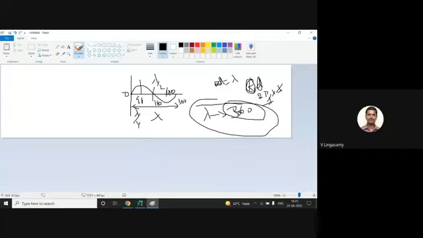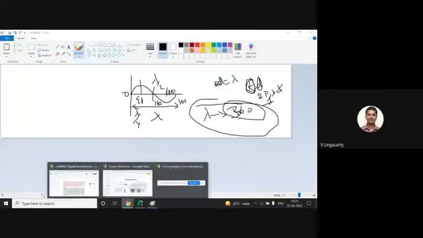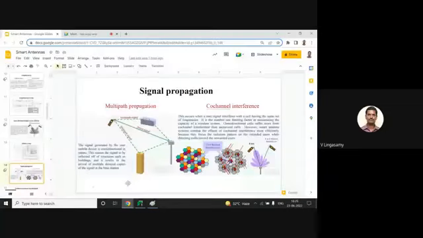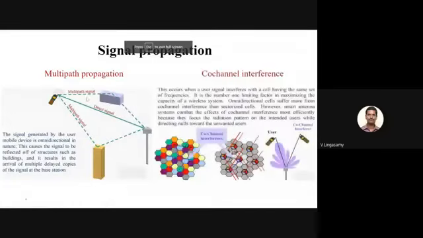So how does it help us? If you are traveling, for example, 1 lambda extra, which means you are introducing 360°, then it's fine, it is in phase, no problem.